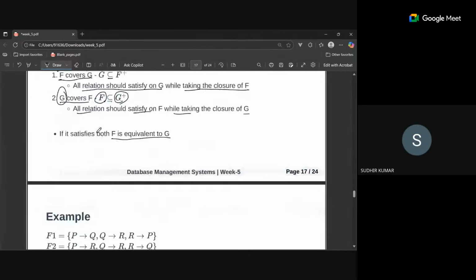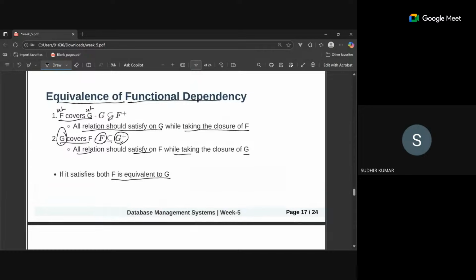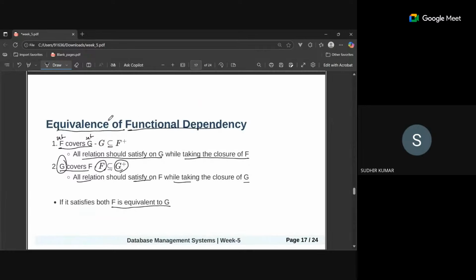Hello. Sir, what is the difference between F and F plus, and G and G plus? F plus is a closure, when you take the closure of some attributes.